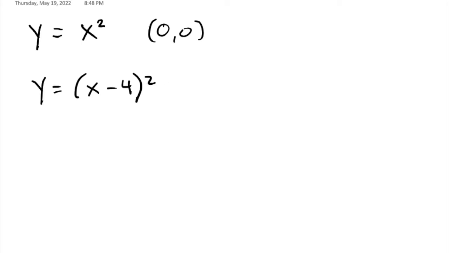Well, now my vertex, again, in my x position, I'm going to put the number next to the x, which in this case is a negative 4, but remember, we're going to change the sign, positive 4. And so next to y, there's no number. We would represent that one in the y value spot of the point as a 0.